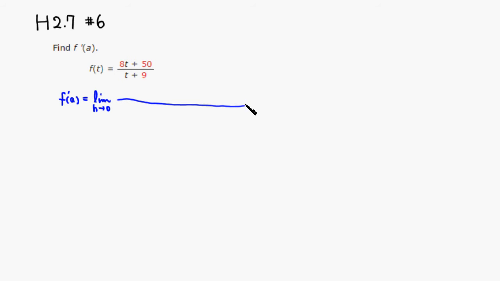Whoops, it's not straight here. So f of a plus h: whenever you see t, we put a plus h there. So we have 8 times a plus h, plus 50, over a plus h plus 9.